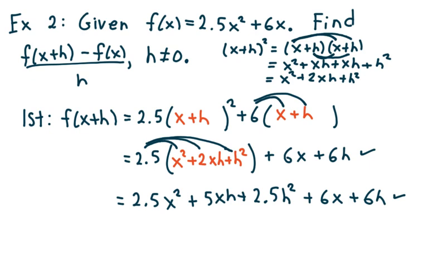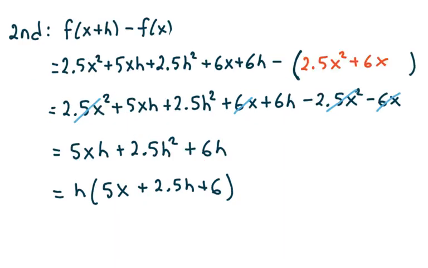Okay. Now, from here, I'm going to take f of x plus h and subtract f of x. Now, remember, f of x plus h can be written as 2.5x squared plus 5xh plus 2.5h squared plus 6x plus 6h. And then when I subtract f of x, I'm going to replace f of x with 2.5x squared plus 6x.